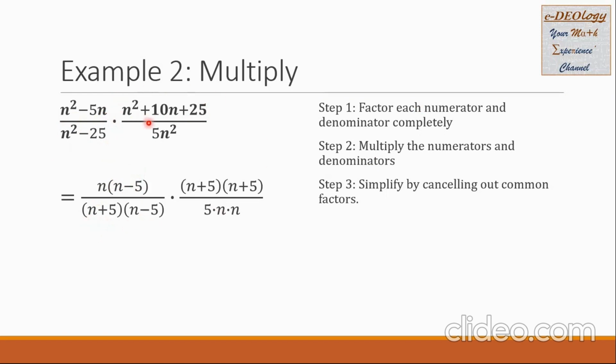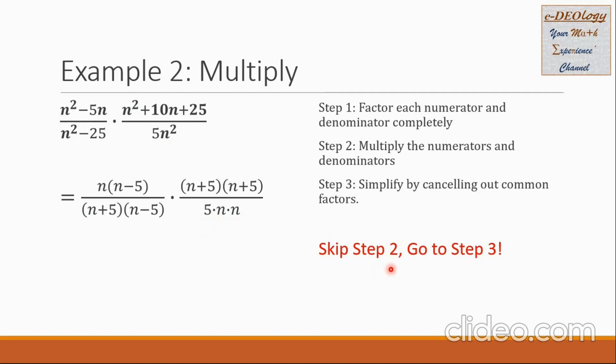The numerator n squared plus 10n plus 25 is now factored into n plus 5 times n plus 5, while this 5n squared is factored completely into 5 times n times n.